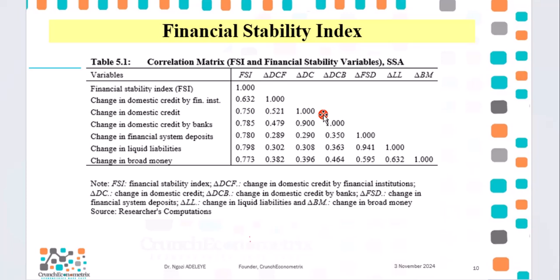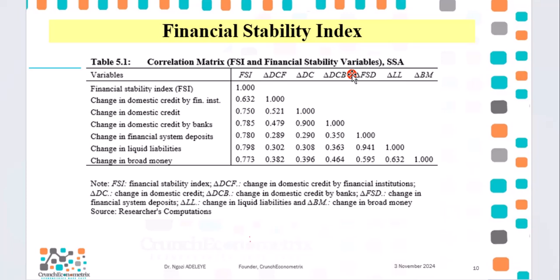From this slide, looking at the financial stability index I created, you can see the correlation between the index and the individual variables of the financial system. If you look closely, I use the change rather than the levels of these variables.